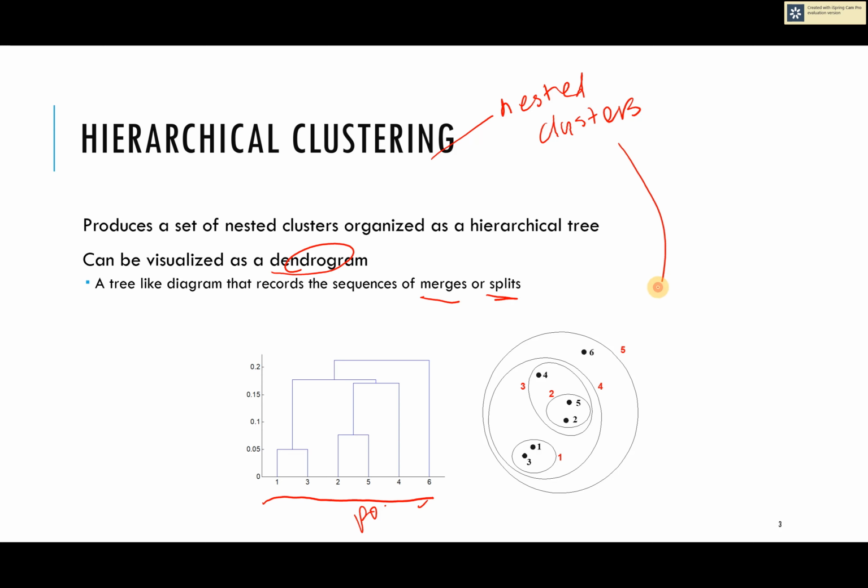So what are nested clusters? Meaning that the clusters are overlapping each other, and the overlapping will be represented by using the hierarchical tree or dendrogram here. Okay.